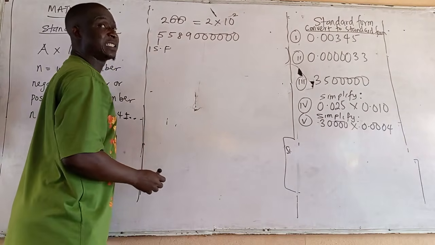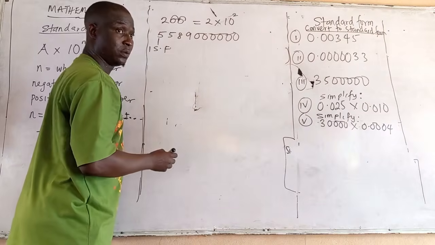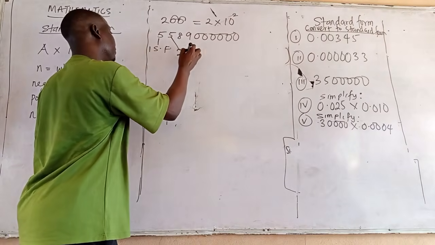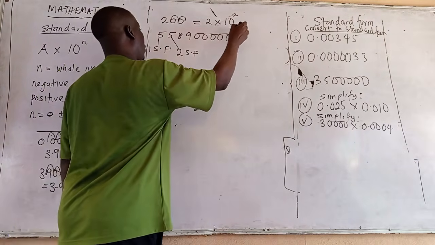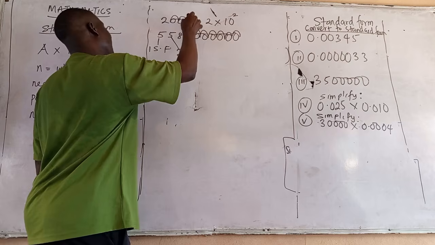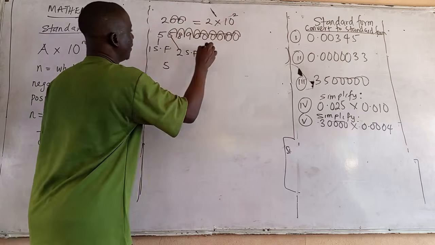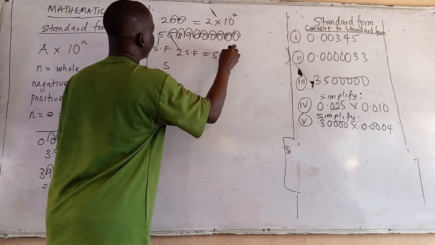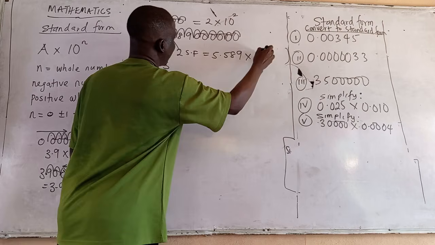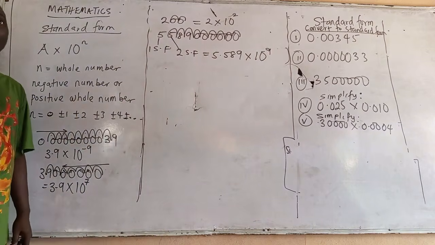So you stop the decimal point between the first and second significant figure. This is the first and this is second. You understand? So you have 1, 2, 3, 4, 5, 6, 7, 8, 9. So that will give us 5.589 times 10 power 9. It's as simple as that. So that is standard form for you.